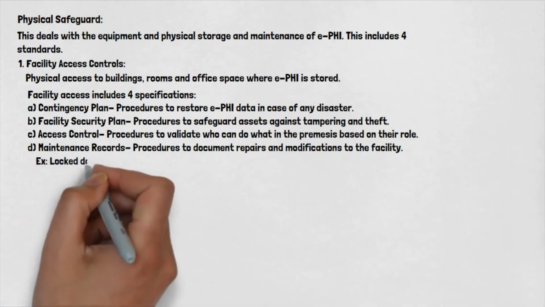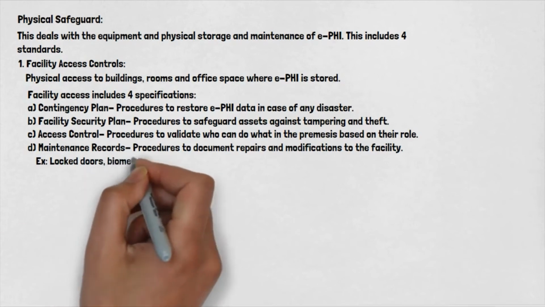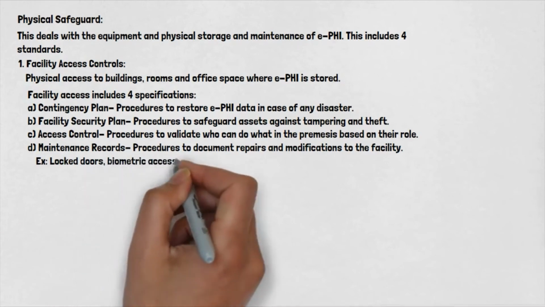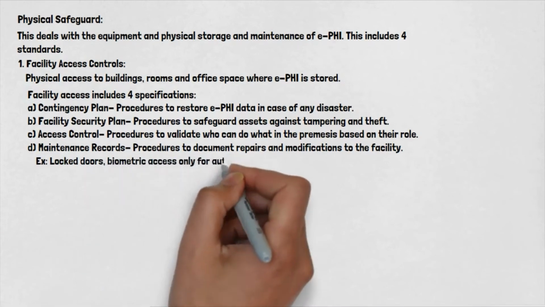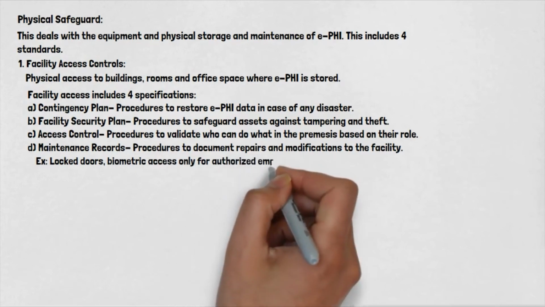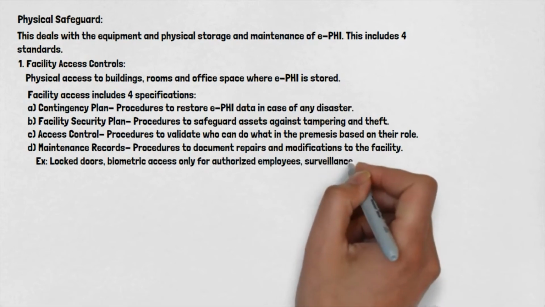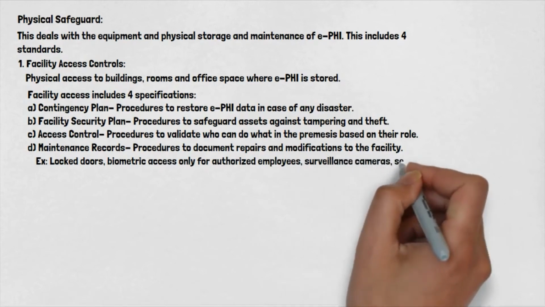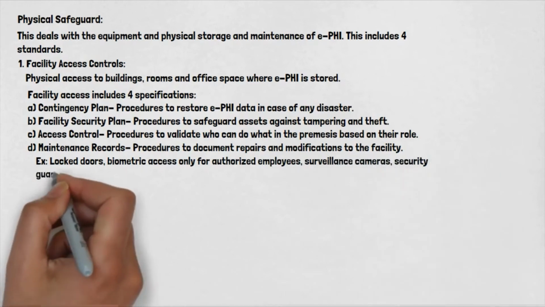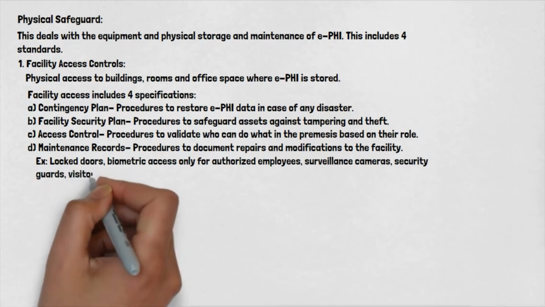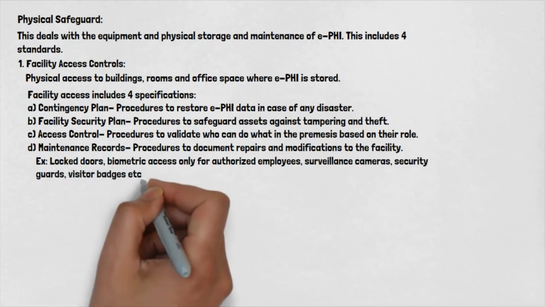Examples of facility access control include locked rooms, biometric access only for authorized employees, surveillance cameras, security guards, visitor badges, etc.